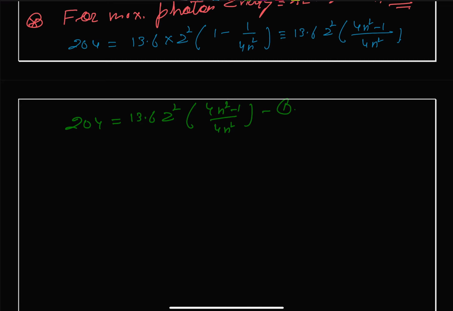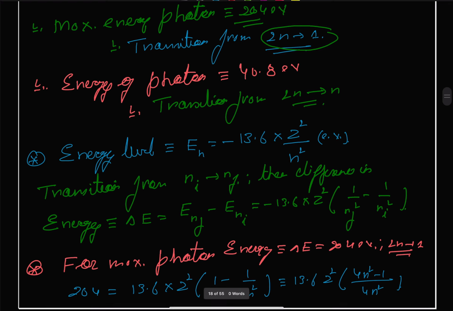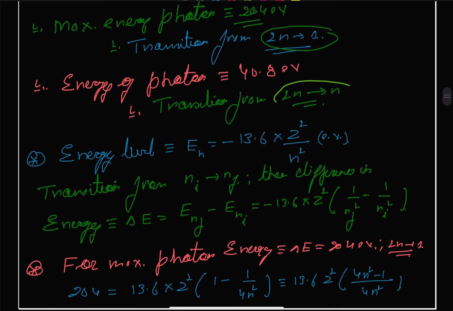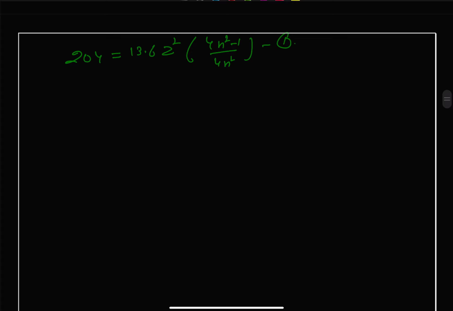And secondly, when the photon energy is 40.8, the transition is from 2n to n. So for photon energy, delta E is equal to 40.8, and the transition is from 2n to n.